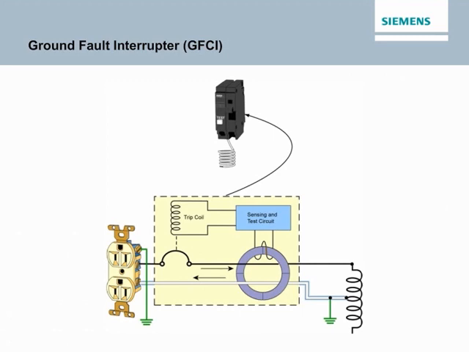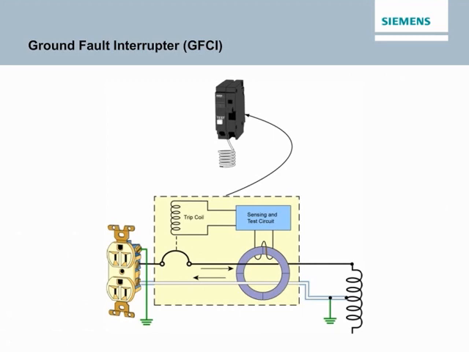A ground fault circuit interrupter compares current on the hot wire with current returning on the neutral wire. Under normal circumstances, the current is equal. When a ground fault occurs, some of the current returns to the source through an alternate path. For example, a ground fault could occur if a hairdryer is placed on a wet surface that provides an alternate path to ground.